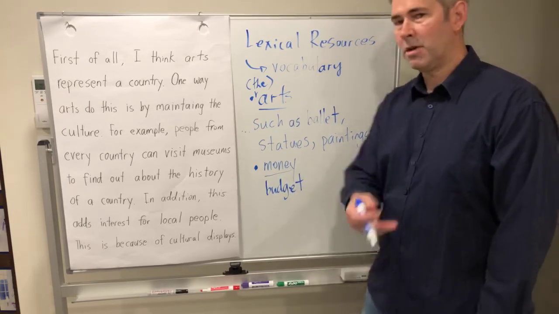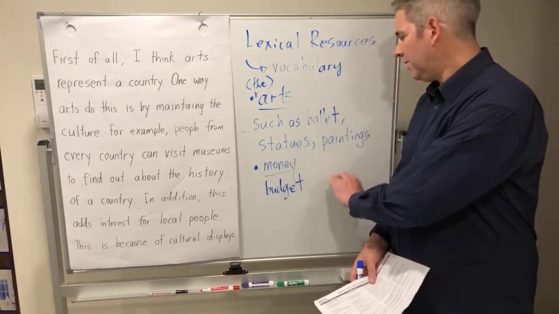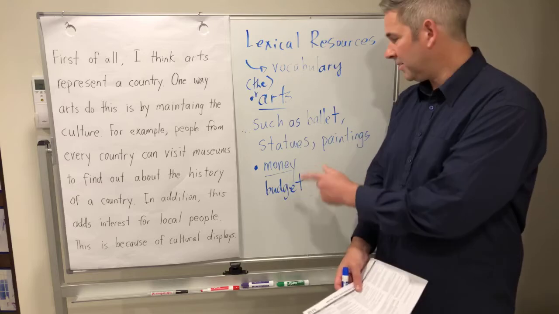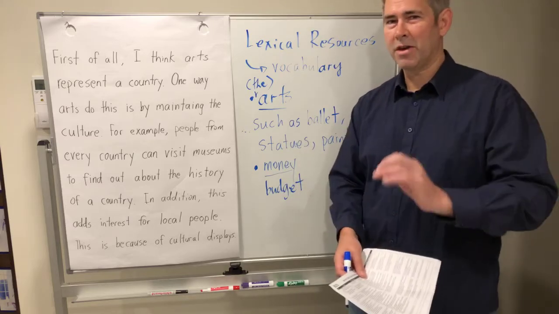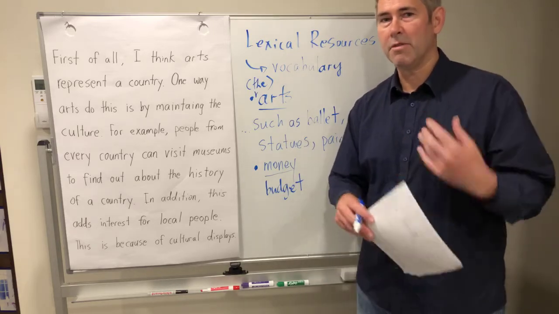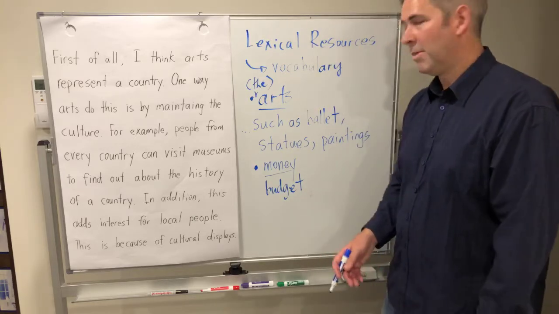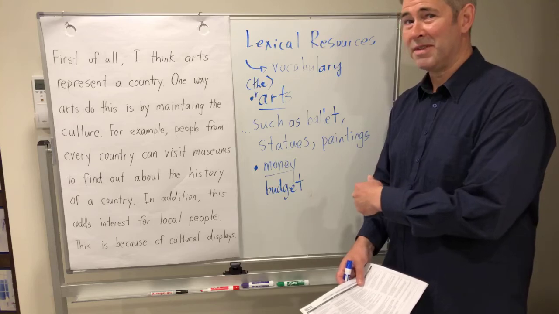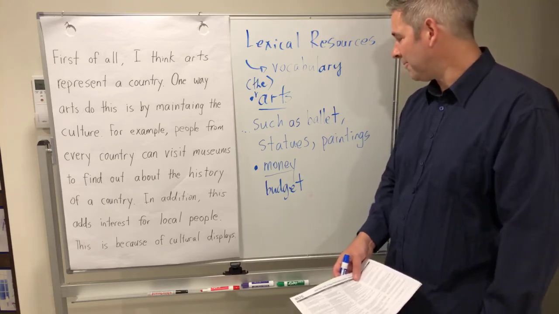So I'll give you a chance at home. See if you can think of other words or synonyms or phrases for money. And remember, the context of this money is government spending. So money. Take a few moments, see if you can think of some synonyms. Maybe I'll have the same synonym on the board in a second.